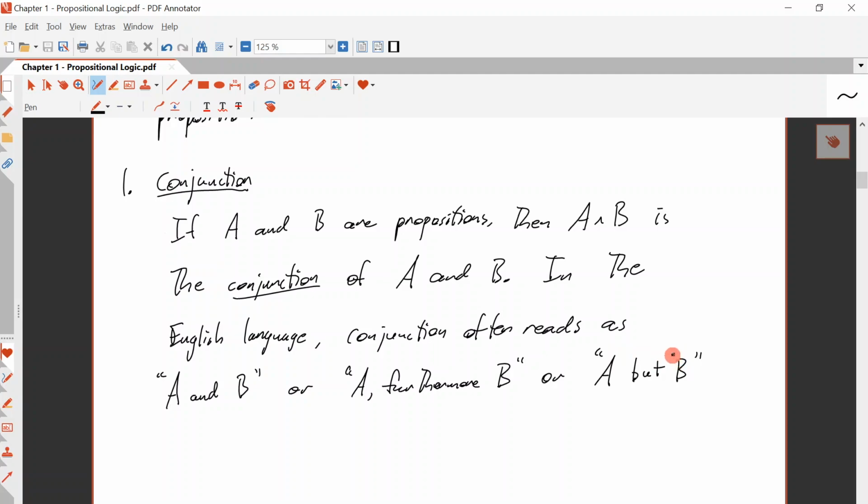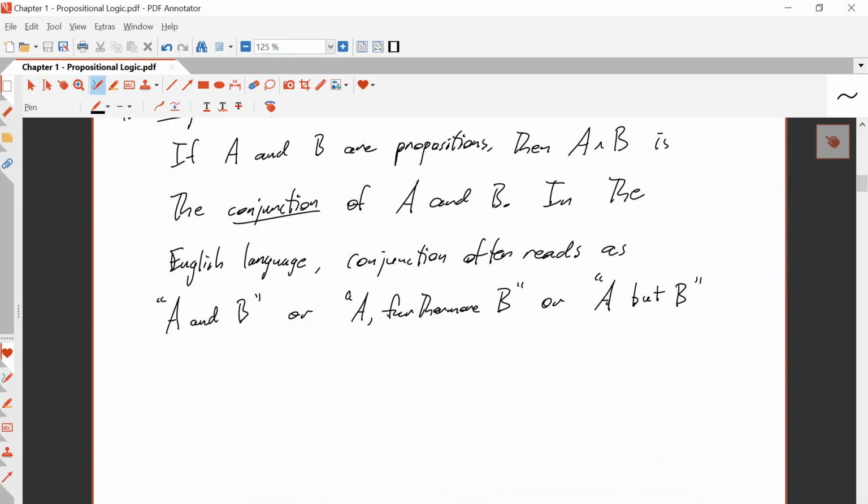That means the sky is cloudy and it's not raining. But the but somehow signifies that it's unexpected. It gives some sort of prosaic flair. But from a strictly logical point of view, it's just conjunction. What else? A also, B. And there's others.